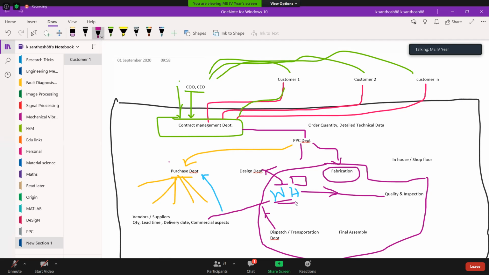They won't keep it randomly outside, because every day a lean quality department person will come and check, because their part is whether my company is working everything professionally or not. If it is going wrong, they simply come, take pictures and send them to the department heads, because without them this entire factory will not run properly. So that's why one more department generally works parallelly to monitor everything inside the factory.